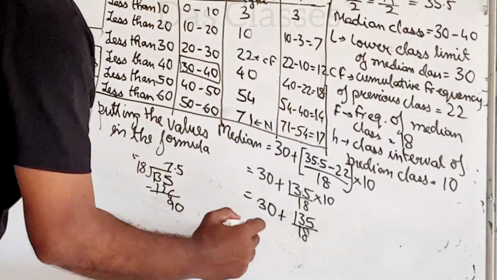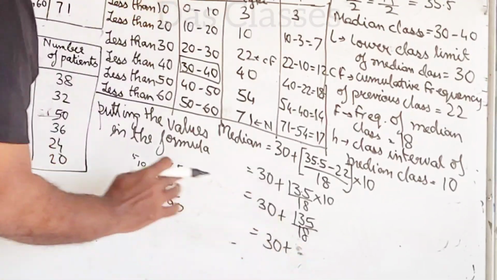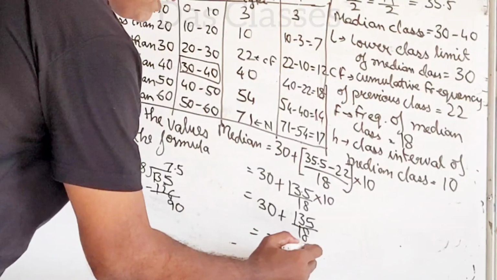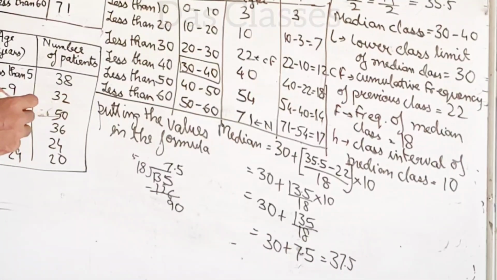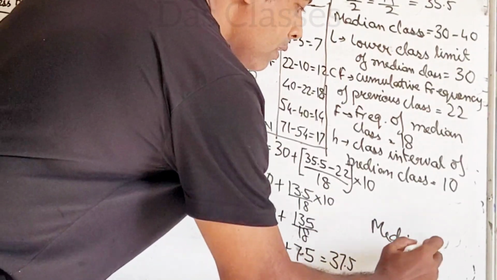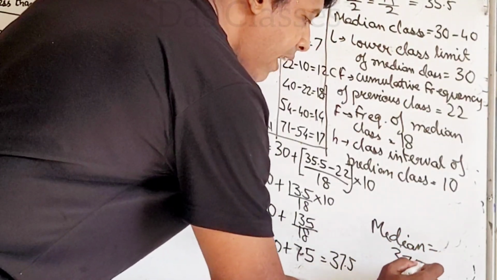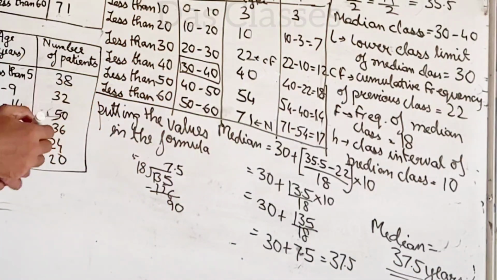So what I am going to get is 30, and 135 divided by 18 was 7.5. So that comes to 37.5. So this is the answer. So median is going to be 37.5 years. Write it in words. So this is how we calculate median.